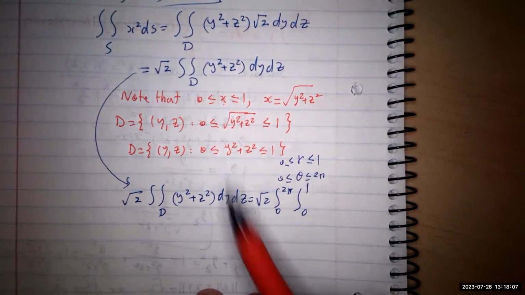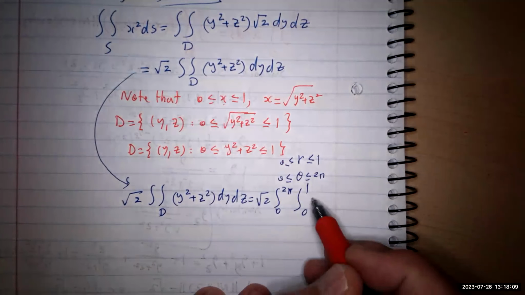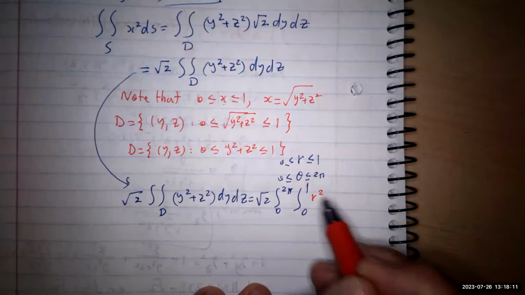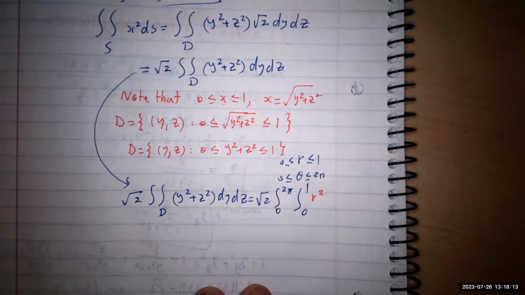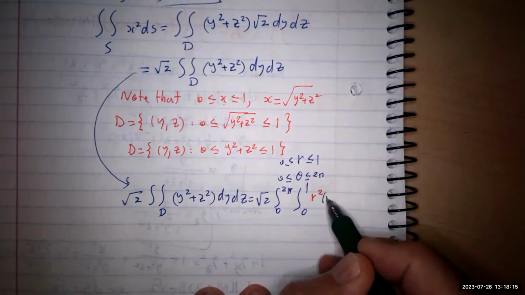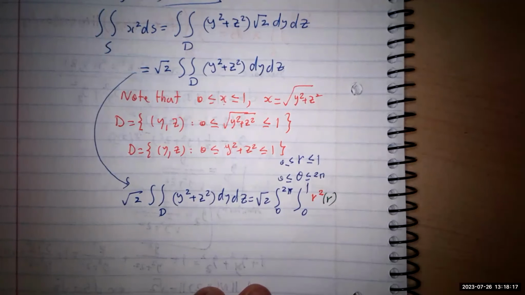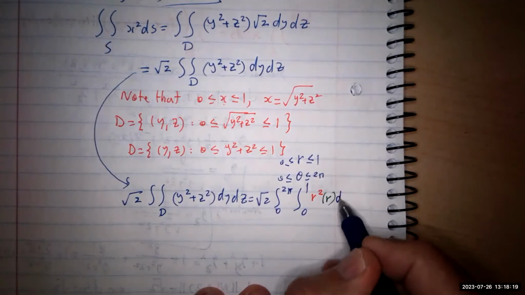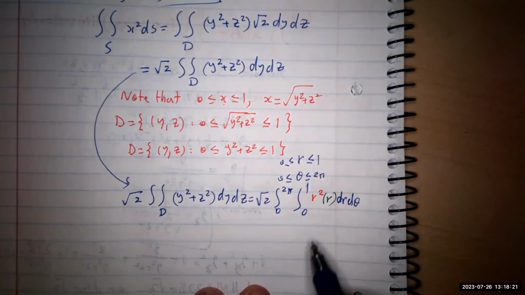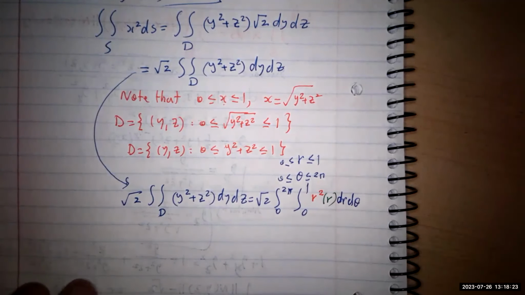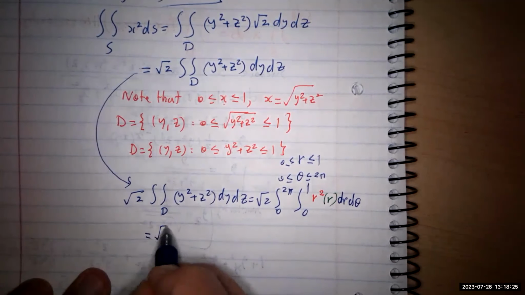Your function is y squared plus z squared, which is going to be r squared. It's a polar coordinate, so there is an extra r. Then, of course, dr d theta. So that makes it r cubed.